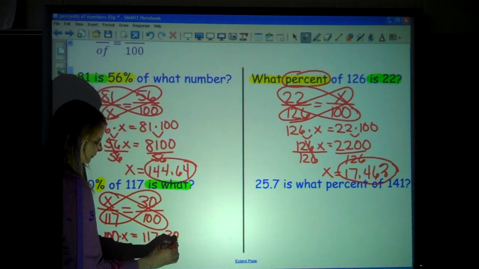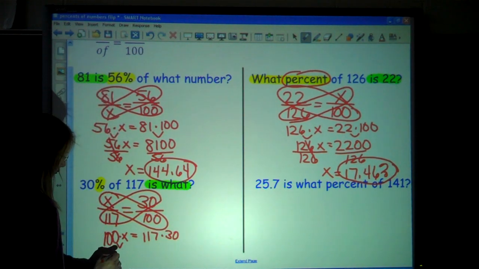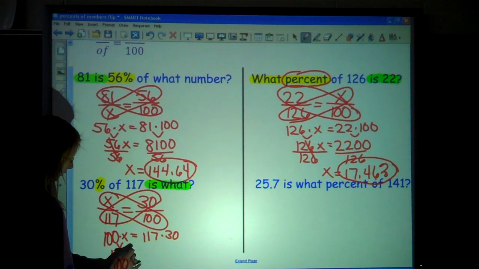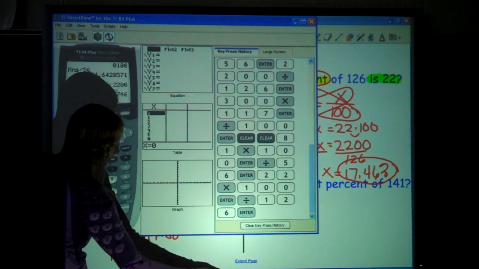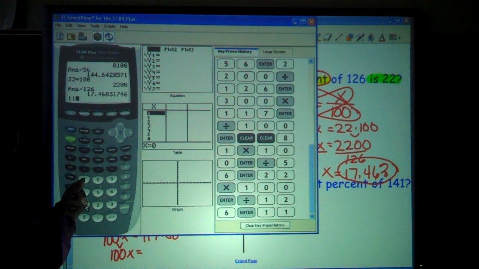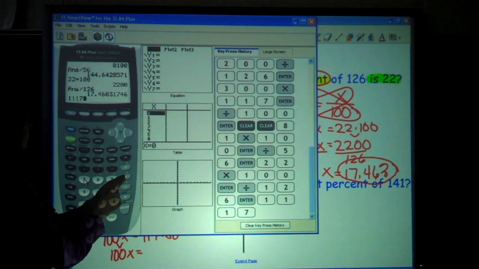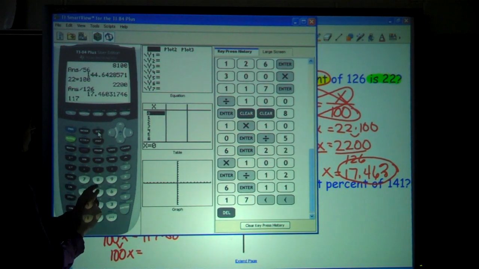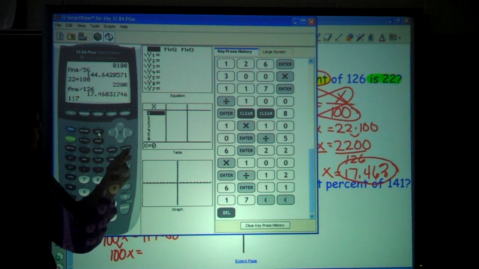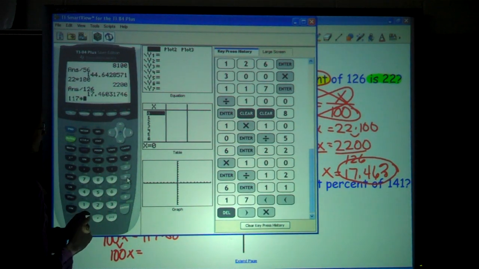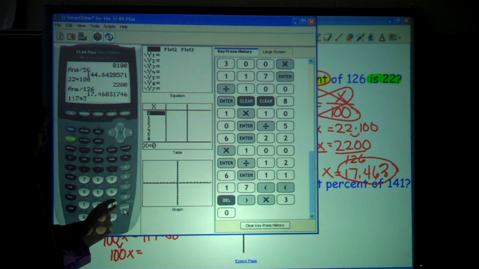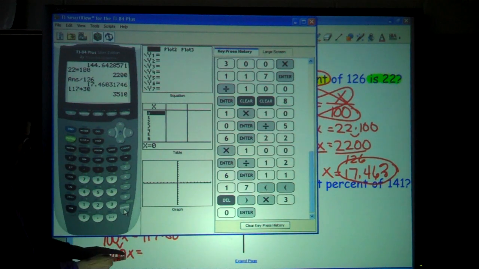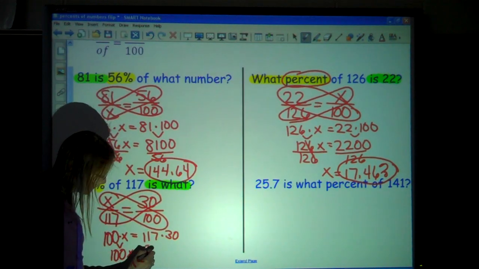117 times 30. 100 times x is simply 100x. 117 times 30. Oh, too many. Let me go back. 117 times 30. 3,510.